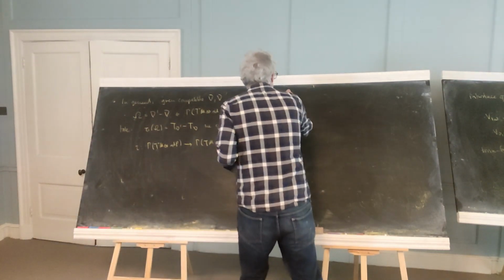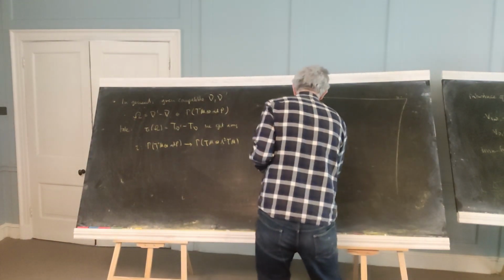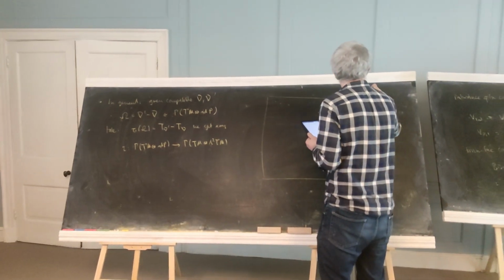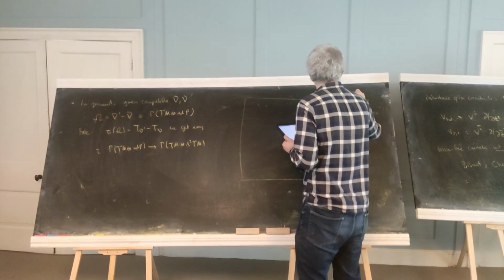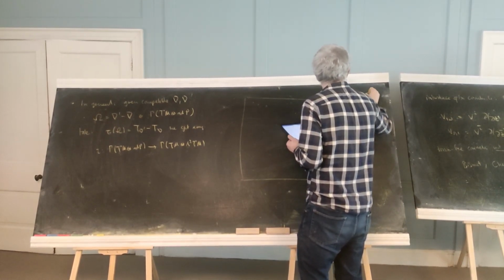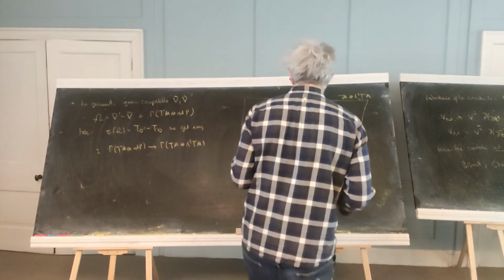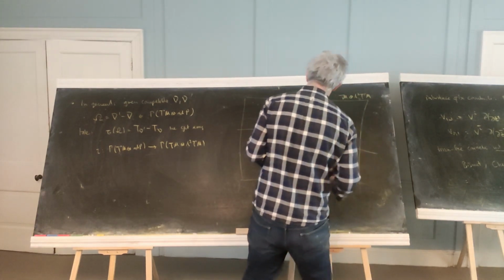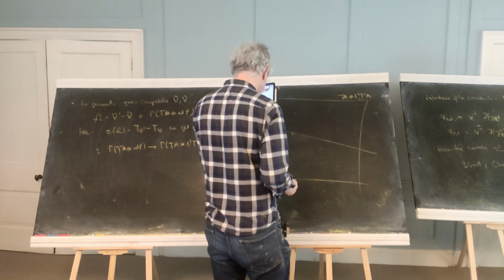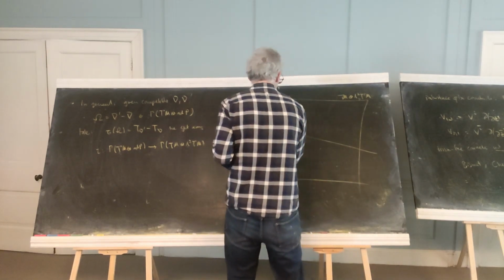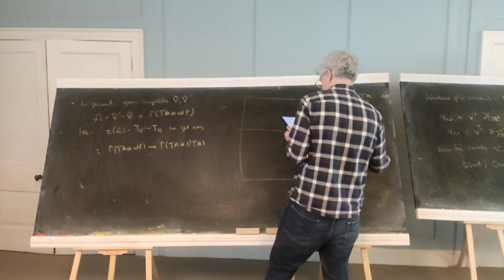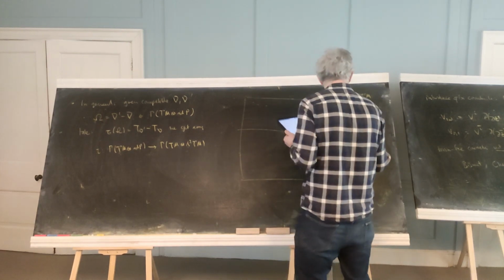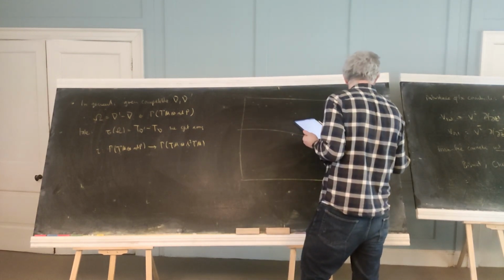So here's the space TM tensor wedge 2 T star M. So that's the space of torsions, or tau. I'm going to draw a line here, which is the image of tau.